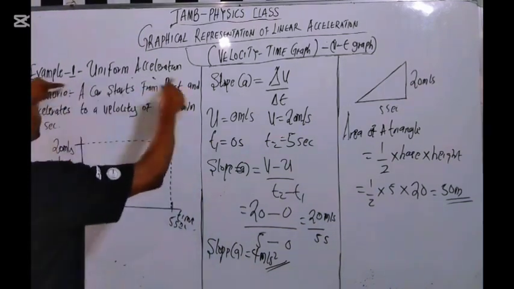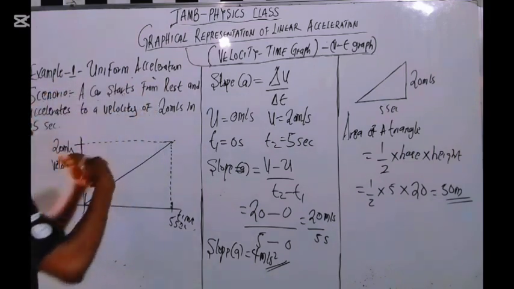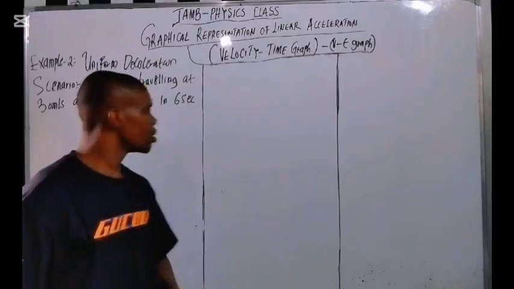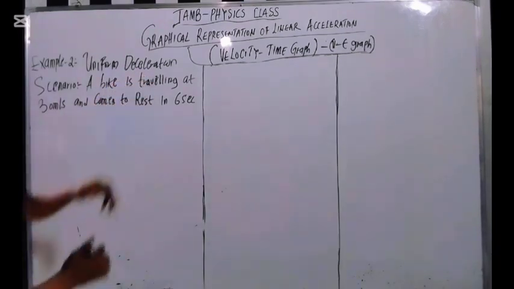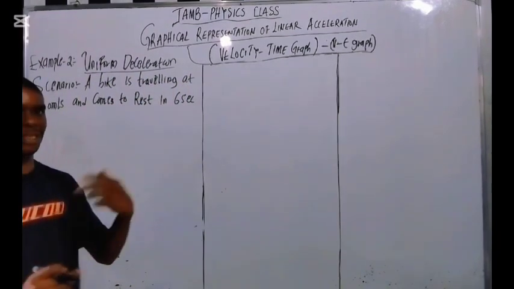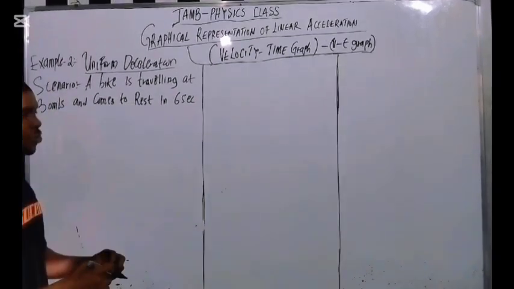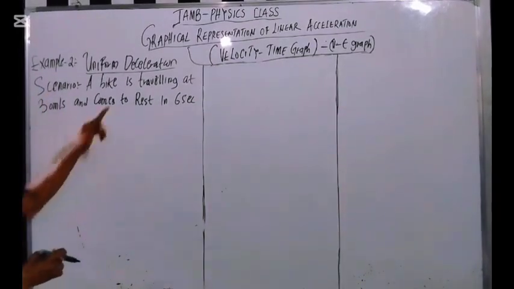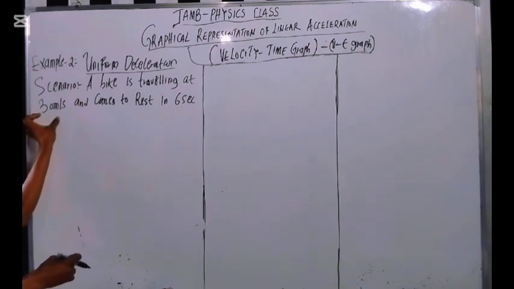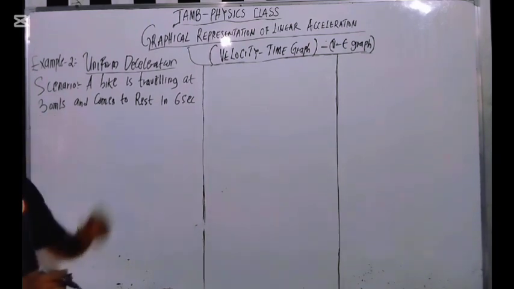This is called uniform acceleration. Let's move to the next one so that you understand it bit by bit. Look at uniform deceleration. The first example was uniform acceleration; now look at uniform deceleration. Let's look at this scenario: a bike is traveling at 30 meters per second and comes to rest in 6 seconds.